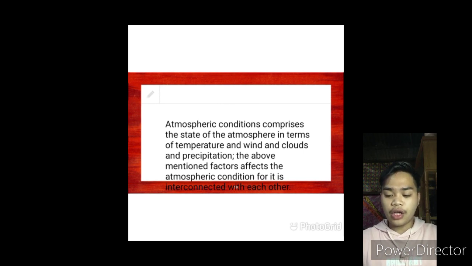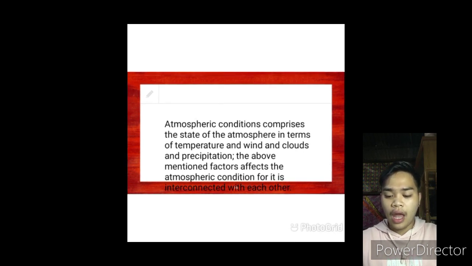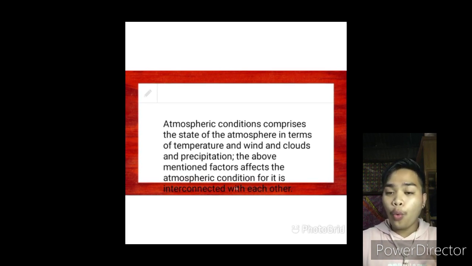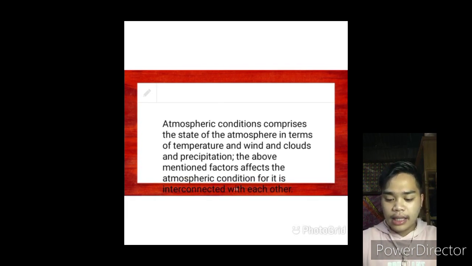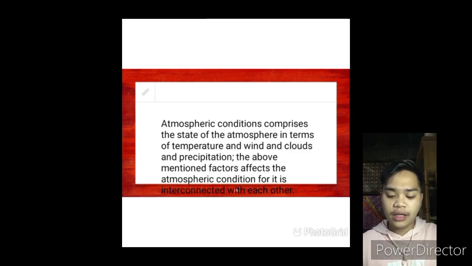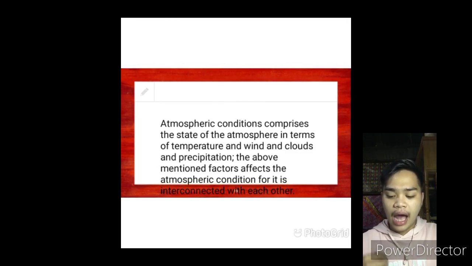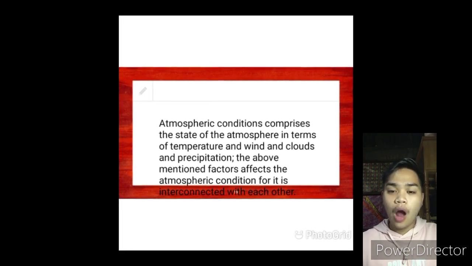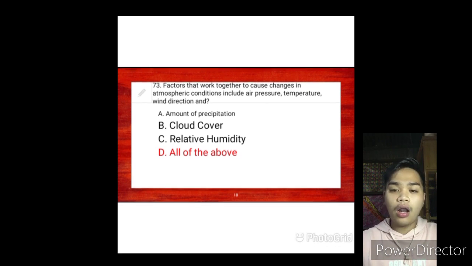Atmospheric condition comprises the state of the atmosphere in terms of temperature, wind, clouds, and the amount of precipitation. So the above mentioned factors affect the atmospheric condition, for they are interconnected with each other. So our answer is letter D, all of the above.